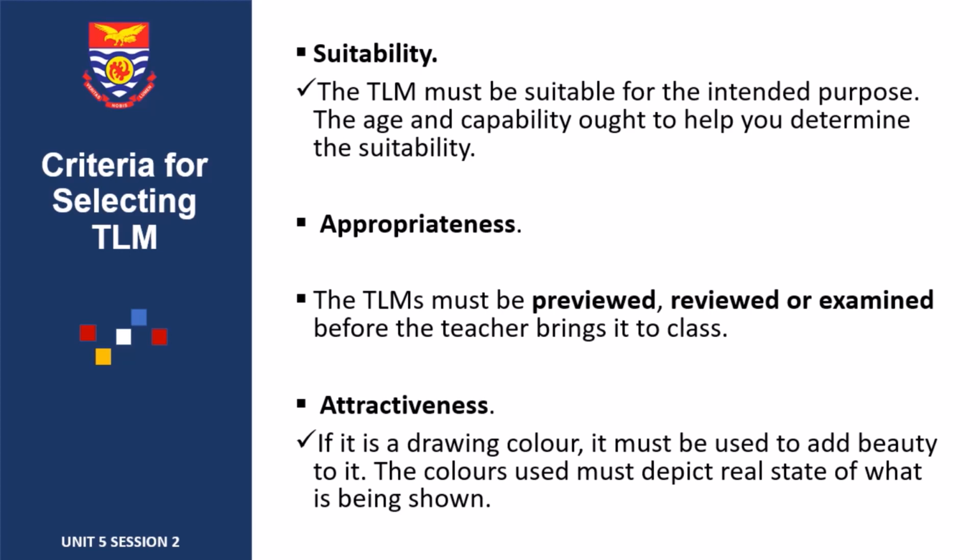The age and capability ought to help you determine the suitability. With this one, I'm trying to say that you consider the age of the students you are going to teach, and then you have to check the teaching and learning material you're going to use for that particular age group. So you have to check those things.